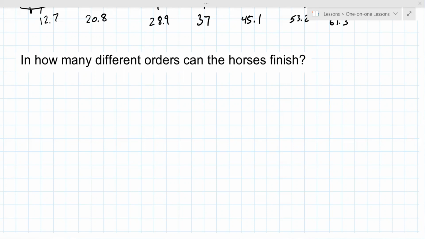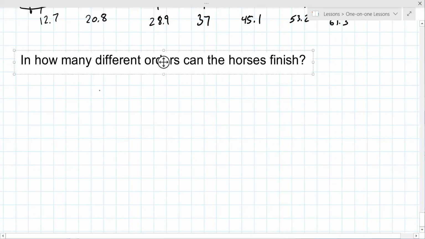I think it's a permutation. Okay, why is that? Because if someone takes first place, then there are only 7 more spots left for second place. Right, it is a permutation. I like to think of this as, let's say there's a prize for winning.